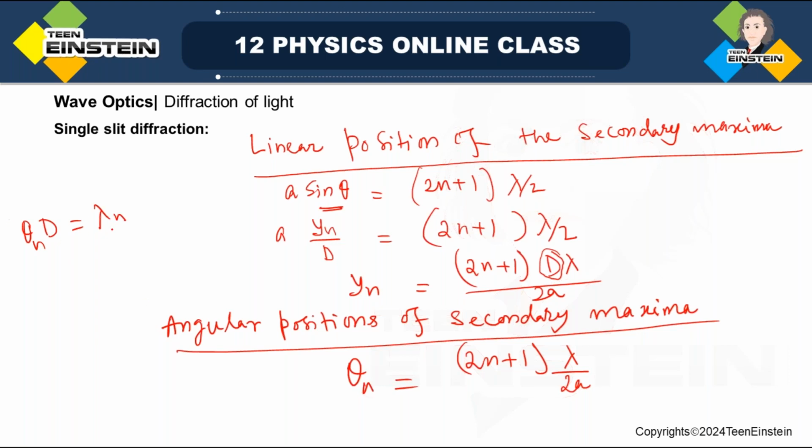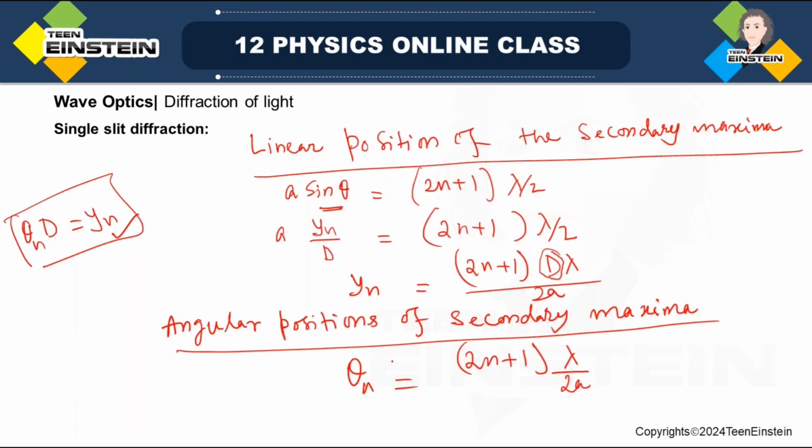So y_n is equal to d into theta_n. You can remember it in this way. Just multiply d with the angular position to get the linear position, or vice versa. So this is the relation between y_n and theta_n.